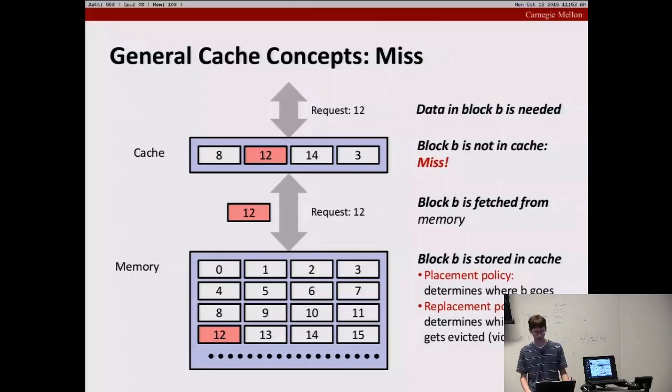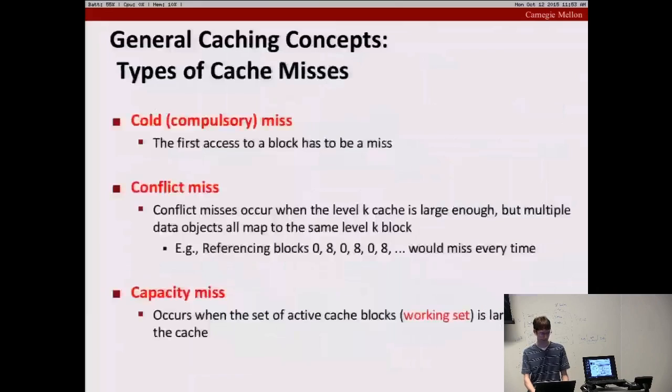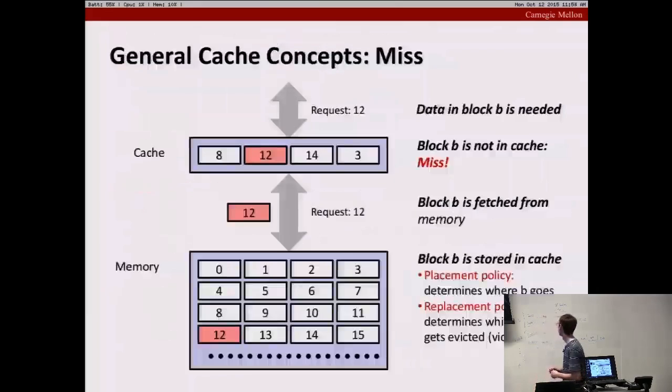And we can have a couple different placement policies for how we determine which gets evicted. If we have multiple lines that we can put it in, because these all have the same set and tag bit, the most common is the least recently used thing in the set of things that we're potentially evicting is the one that we evict.